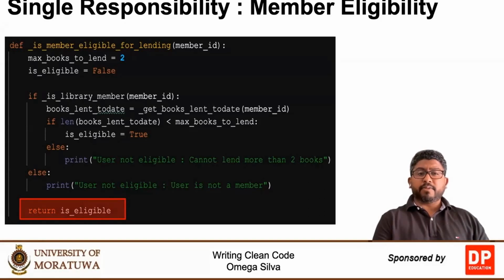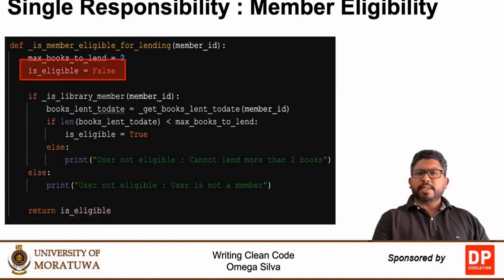It's like asking a question from the function, is this member ID eligible for lending? And the function says true or false. The is eligible variable is set to false, and only if the two conditions or the two validations are successful, it is assigned to true.